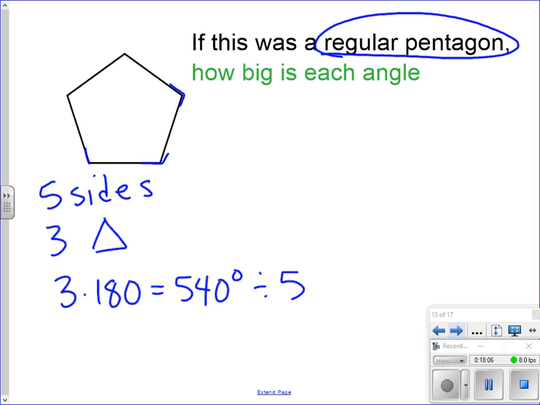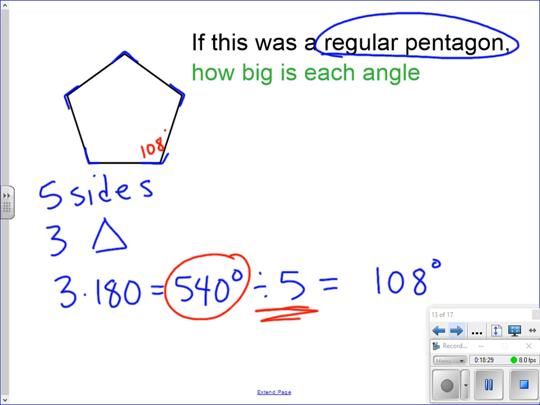All of these are the same size. So if I divide it by 5, that'll give me what each angle is. So in this case, each angle is 108 degrees, which was the total 540 divided by 5 equal sized angles. So that's 108 degrees on each of these. And that should add to 540 if I added them all up.